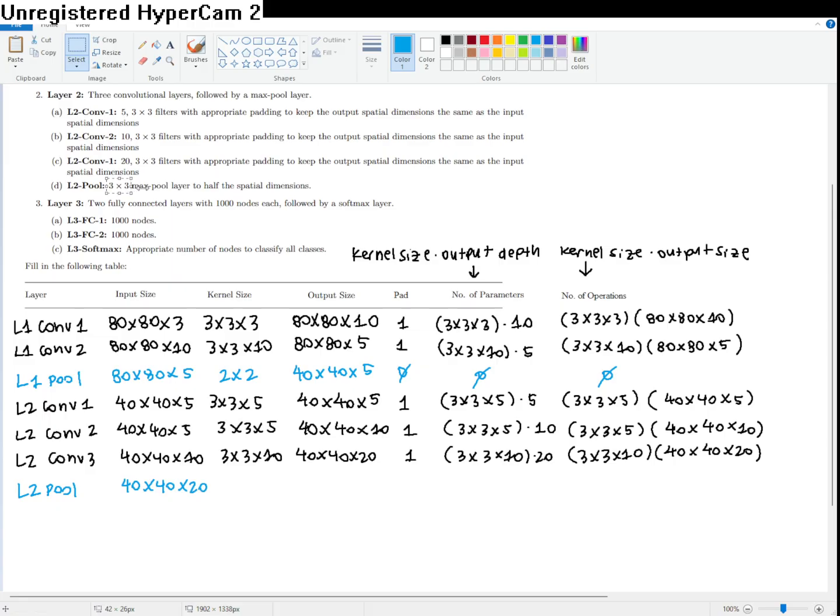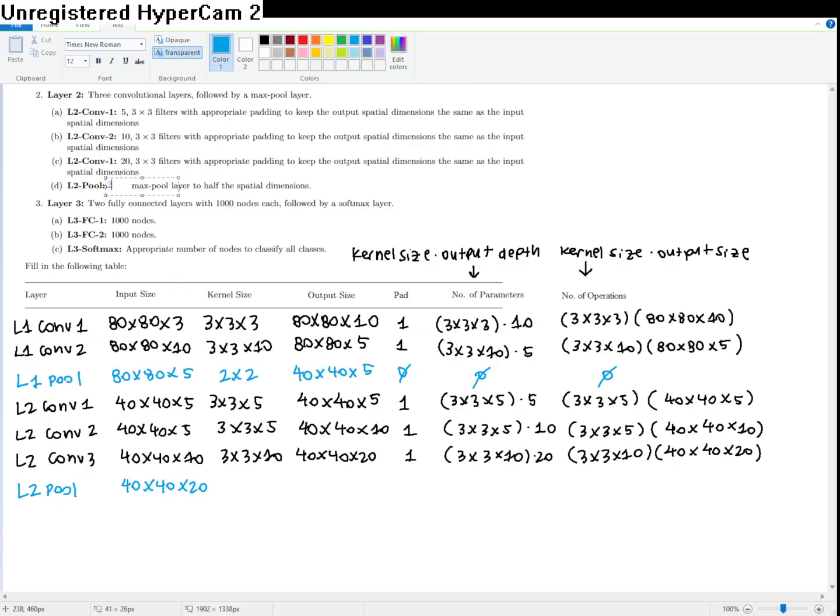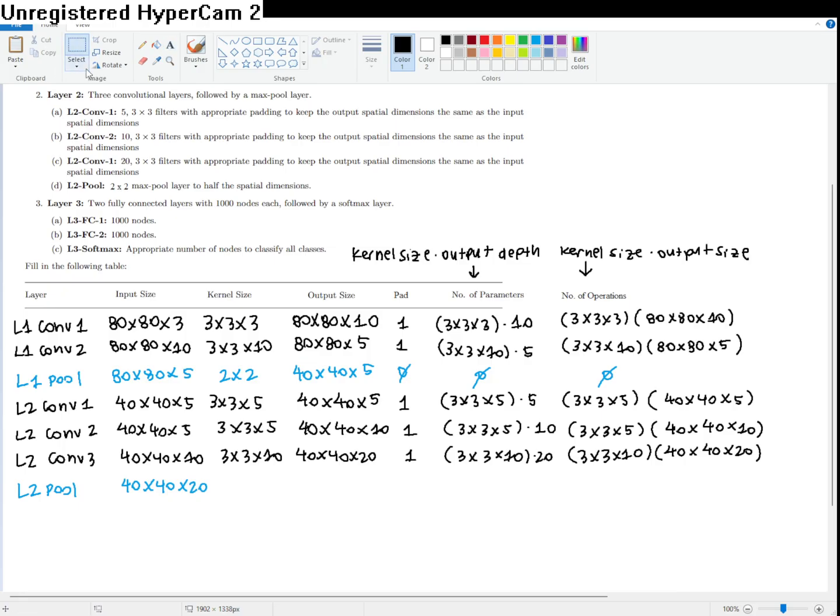I'm going to just correct this live here. 2 by 2 max pool to halve the spatial dimensions. So here we have the halved spatial dimensions, so we're going to have an output of 20 by 20 by 20. And then let's fill the zeros in.